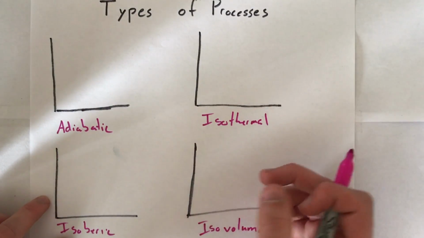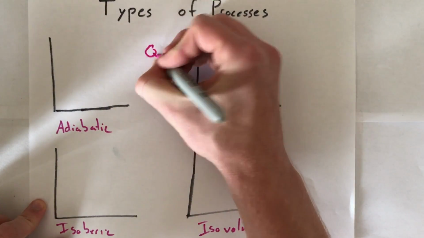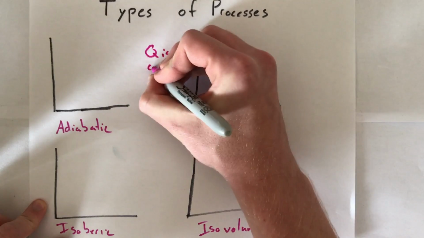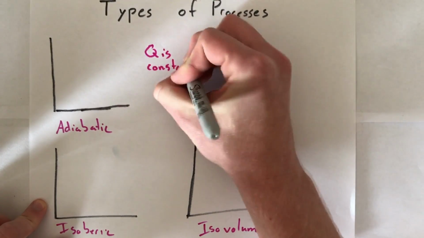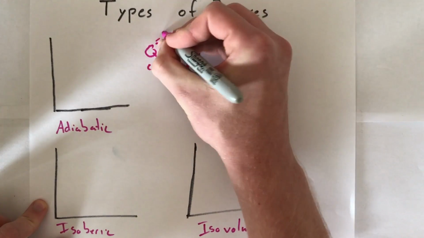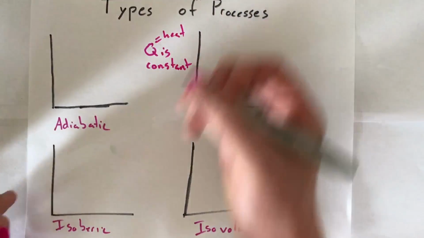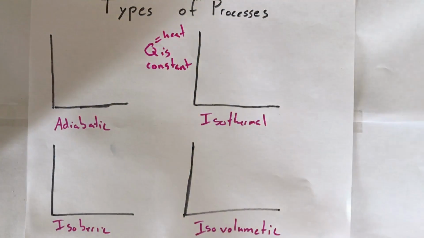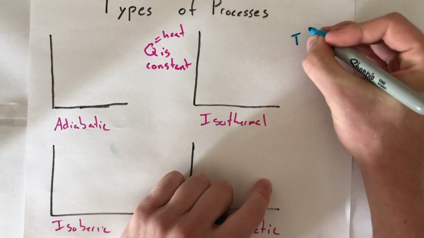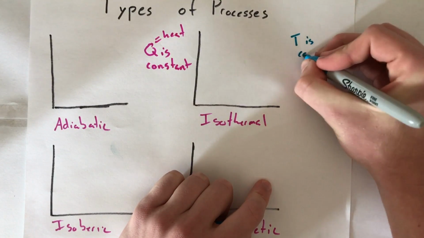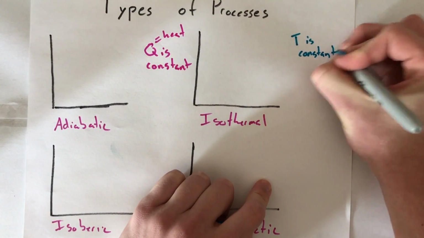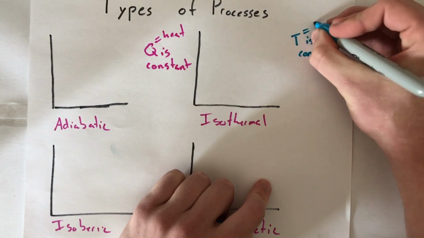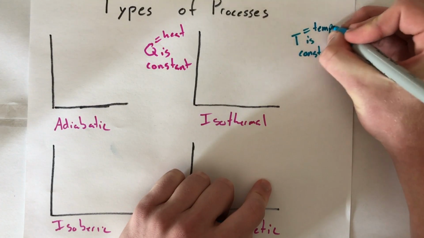So with adiabatic processes, Q is constant, and we know Q is heat. And then if we go to isothermal, we know that T is constant, and we all know that T is the temperature.